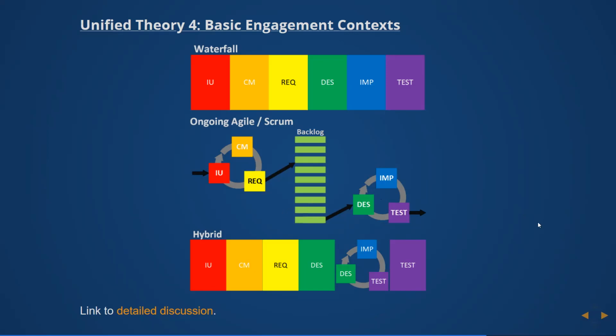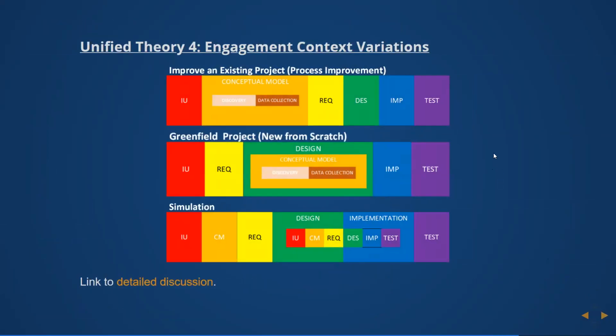You can also have a hybrid where the major design is done up front, and then the more detailed and ongoing implementation work is done in a Scrum-like way. I'll further differentiate between improving an existing project, which is the original context I'm working from when I draw out how the work in my framework or way of thinking is conducted.